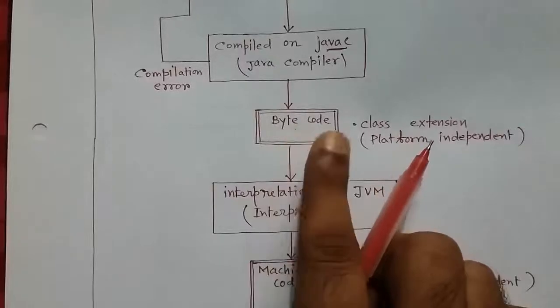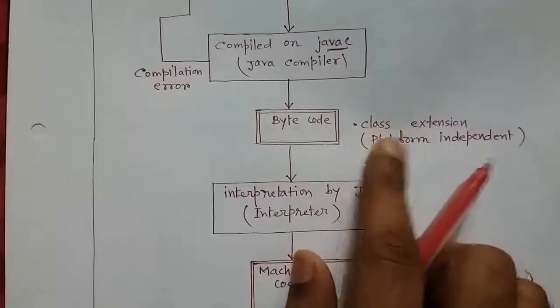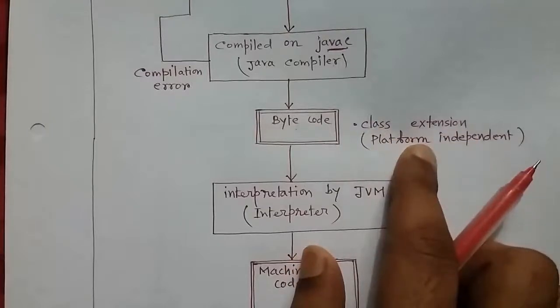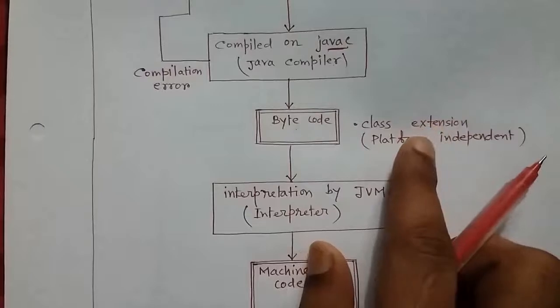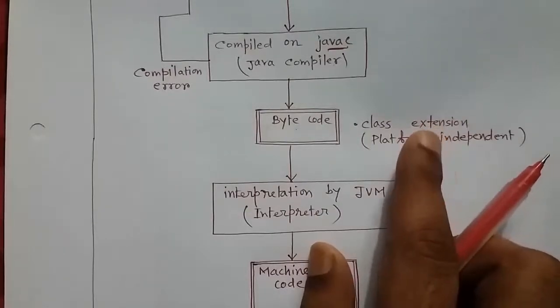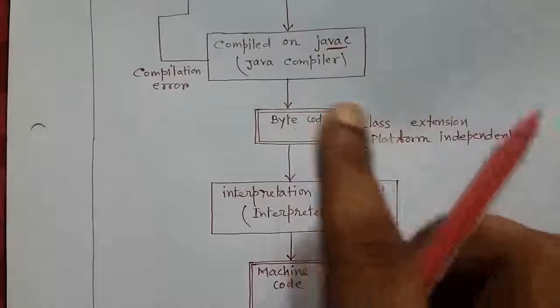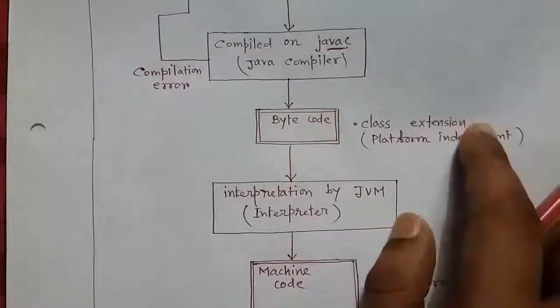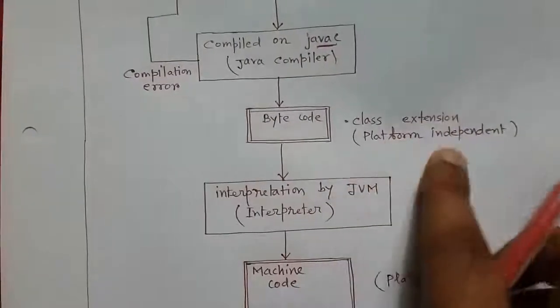This means this code is independent of the machine on which the program is run. This makes a Java program highly portable. That is, the bytecode can easily be transferred from one system to another system. That's why this is platform independent.